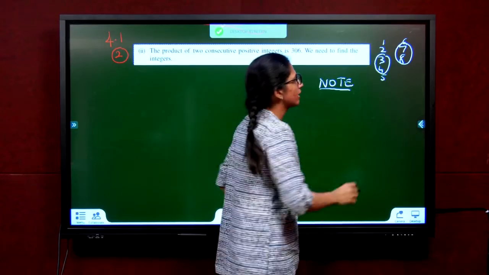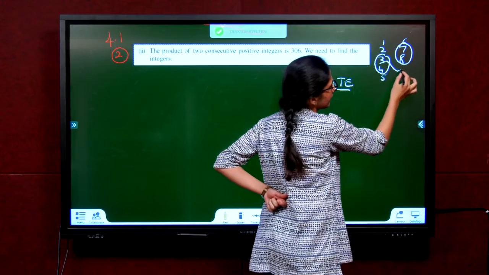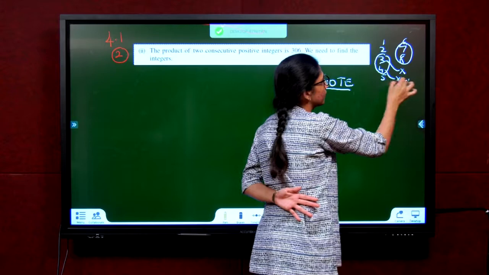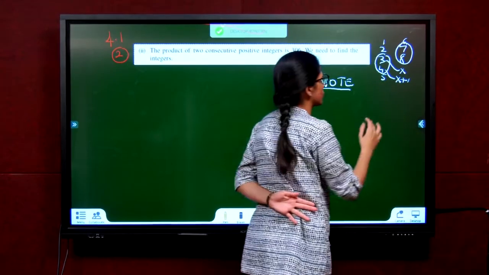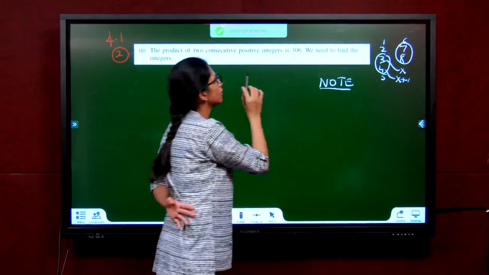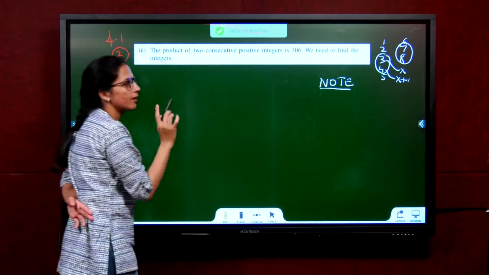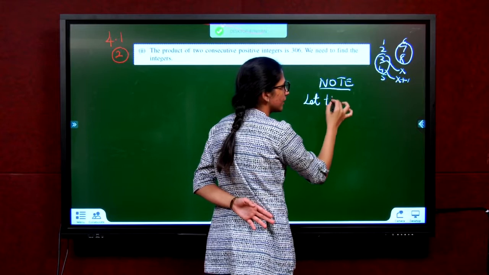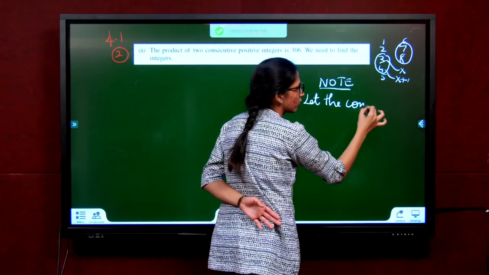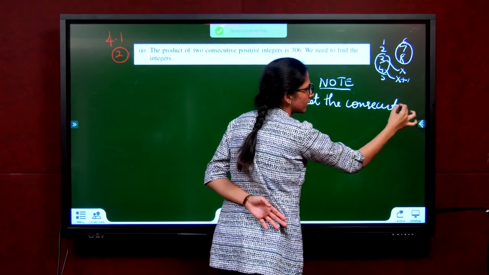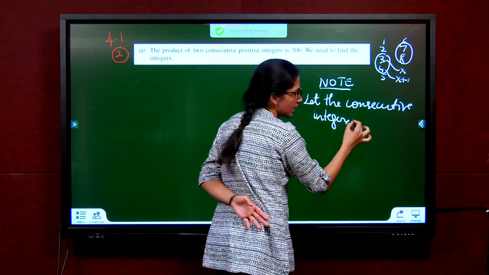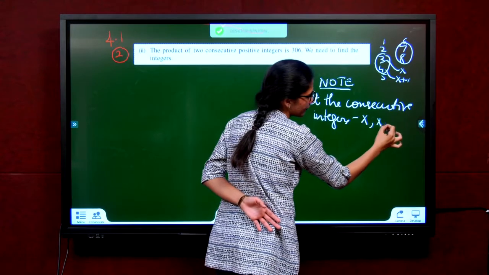So now, if 3 is x, can I say 4 is x plus 1? Yes. Which is why whenever the words consecutive integers come, please take, let the consecutive integers be x, x plus 1.